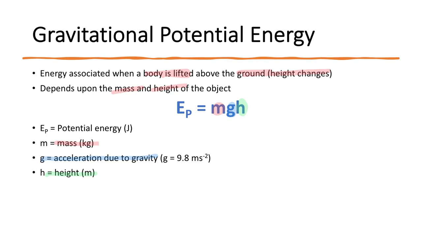Technically that height is measured above the lowest point you can get to, but generally the question will make it clear. The potential energy is equal to mass times gravity times height.